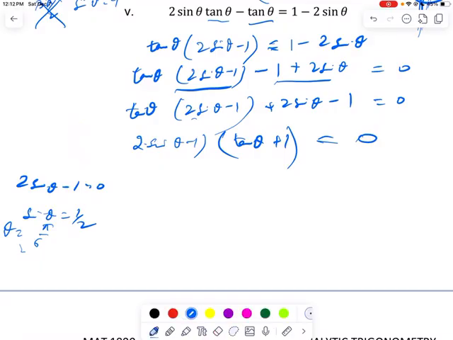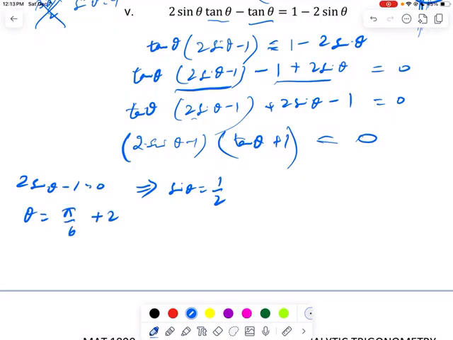So theta equals pi over 6 plus 2k pi, and theta equals 5 pi over 6 plus 2k pi.